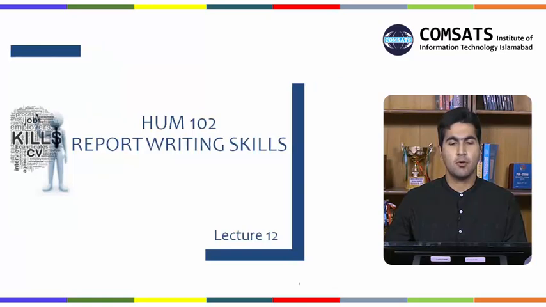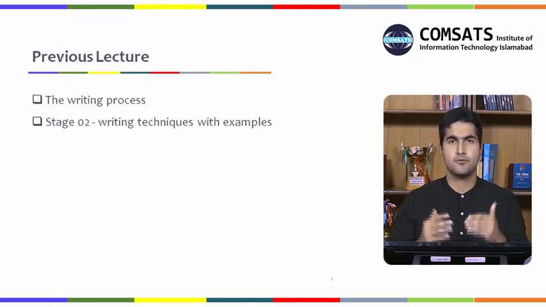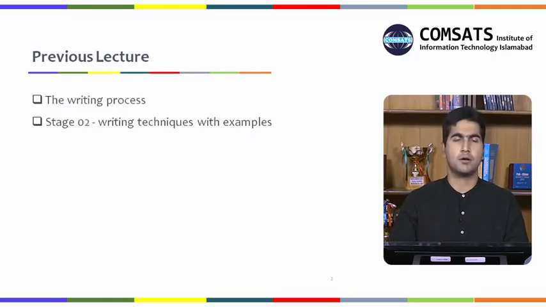Then we proceeded onwards with stage 2, which is the actual writing, in which you start jotting down the content which you have extracted from your mind on a piece of paper or on a Word doc.